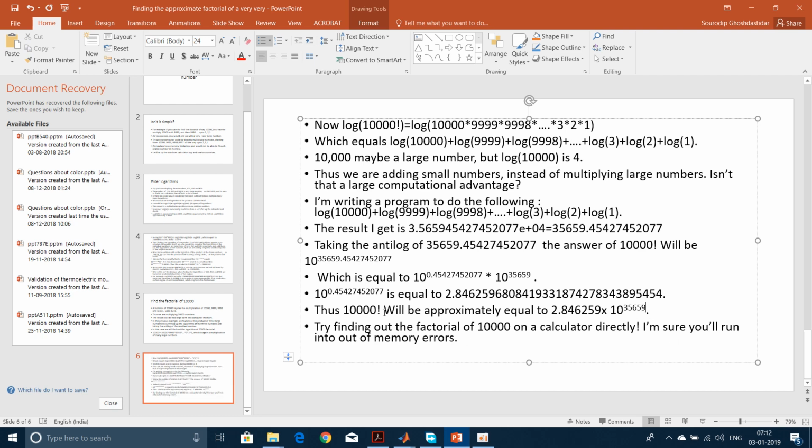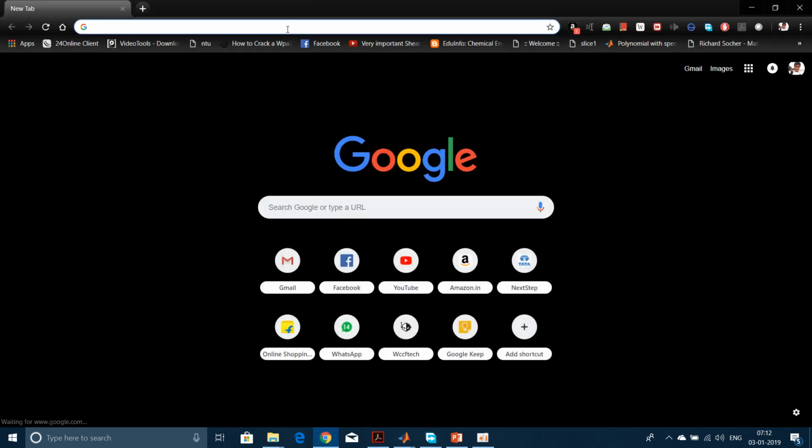So 10,000 factorial would be approximately equal to 2.846259 into 10 to the power of 35659. Okay, so let's check up the web for 10,000 factorial. Let's see if it's there.